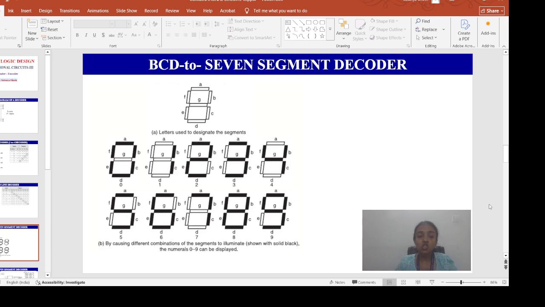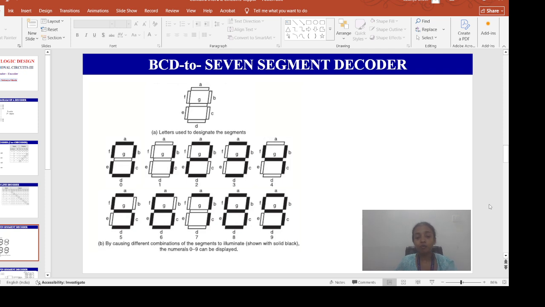Okay, so the most common BCD code is the 8421 BCD code. Okay, so the BCD equivalent of a decimal number, I will show you in the next slide how it happens. First you see here, this is a BCD to 7 segment decoder. Okay, so this type of decoder accepts the BCD code.